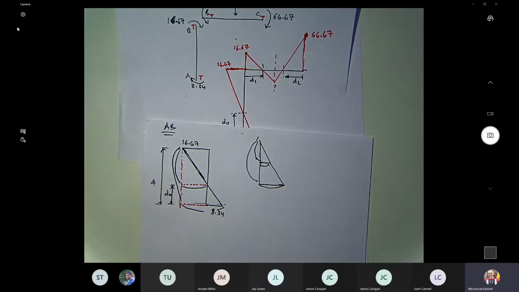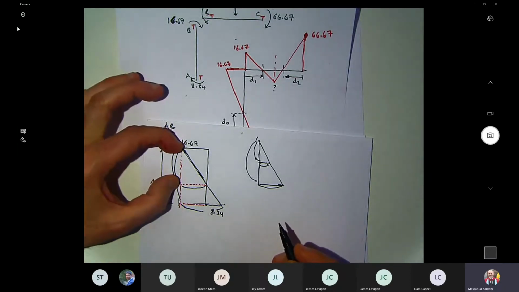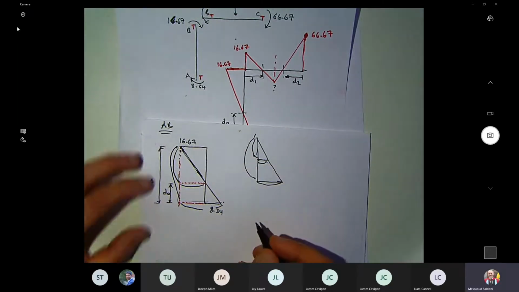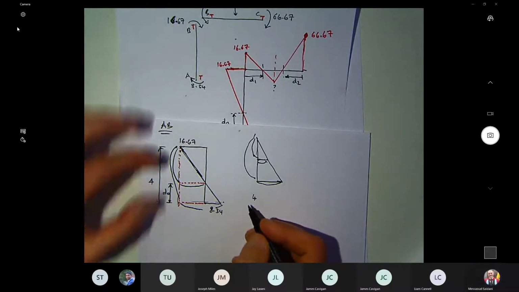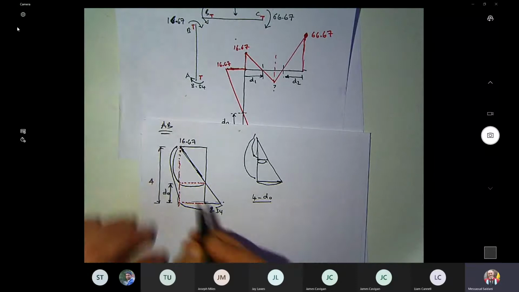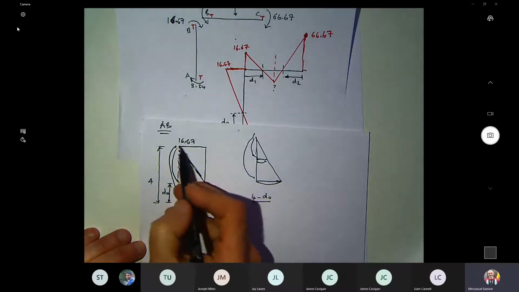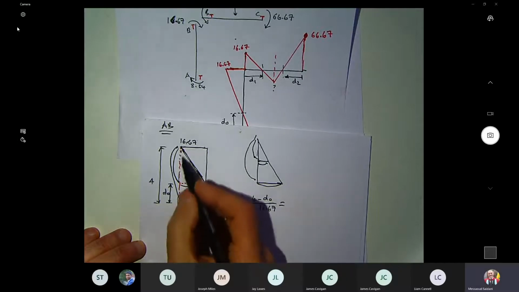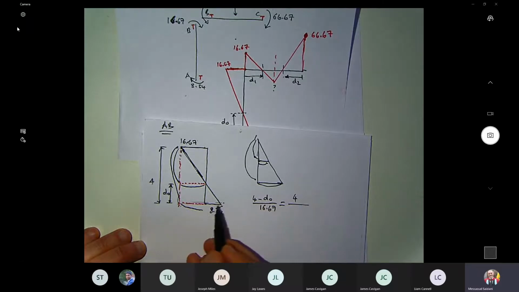It's just a smaller size, okay? So what's this side here? Do you agree it's 4 minus D0? Divided by, what's this here? Exactly. So 16.67 equals, the height here is 4, divided by, what's this there?